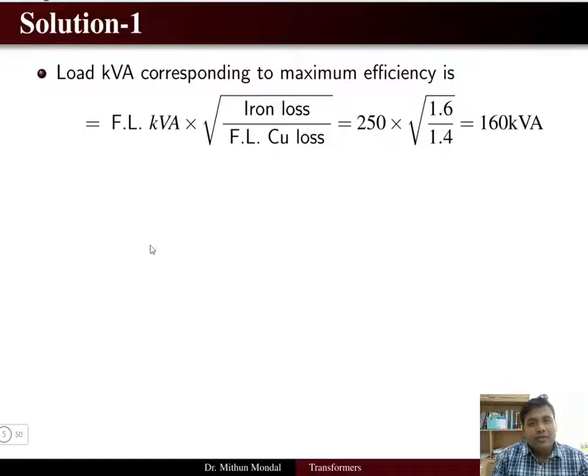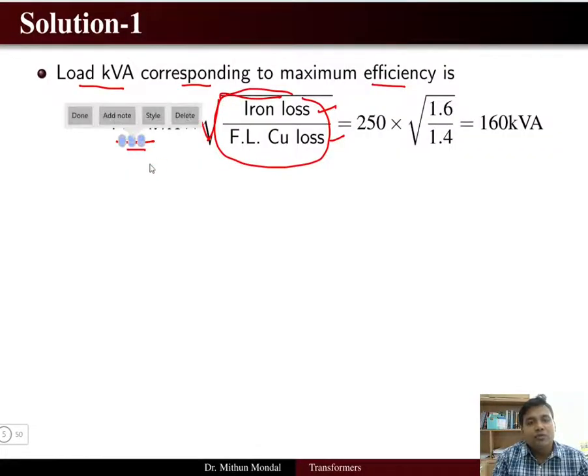We know that the formula for load kVA corresponding to maximum efficiency is full load kVA multiplied by the square root of the ratio of iron loss to full load copper loss. Full load kVA is the rating of the transformer, that is 250 kVA.